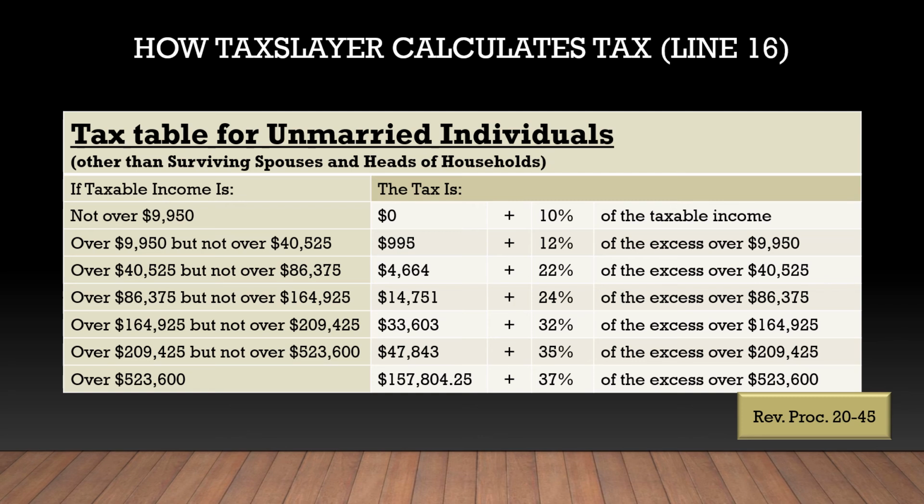It's just the layer of income that is over, in this case, $86,375. So they would have a layer that's taxed at 10%, a layer that's taxed at 12%, and a layer that's taxed at 22%, and so on. And that's what makes our tax system progressive.